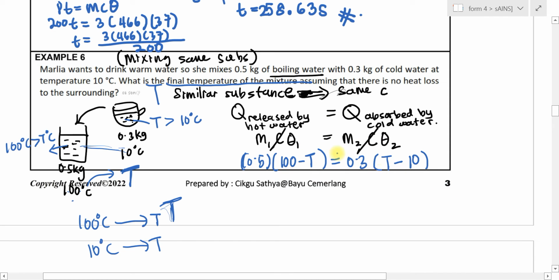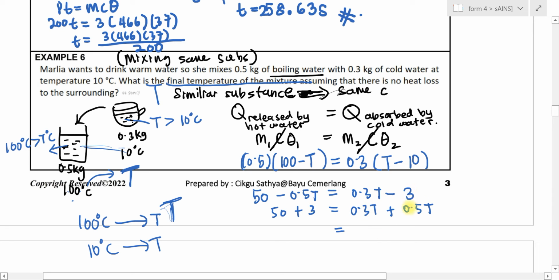Okay, so jadi kita nak buat apa? Kembang je lah. Easy. Kembang, lagi senang. So 50 minus 0.5T equal to 0.3T minus 3. Jadi kita ambil yang kecil datang sini, 0.5T datang sini, 50 plus 3 here.